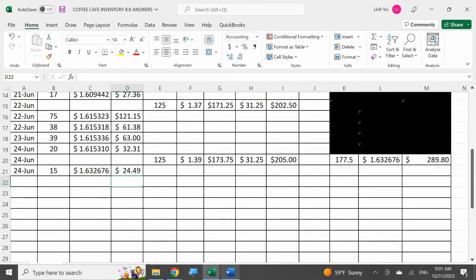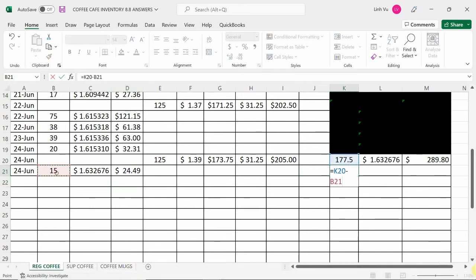So let's go ahead and update my inventory. How many pounds do I have left after selling 15? 162.5. Okay.